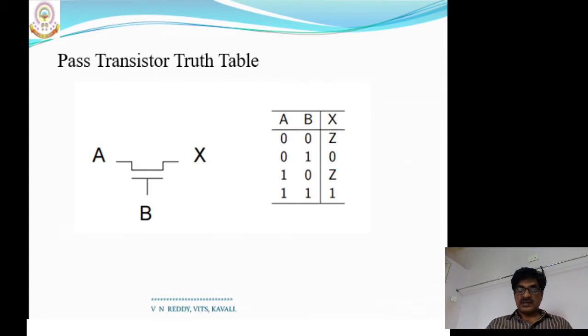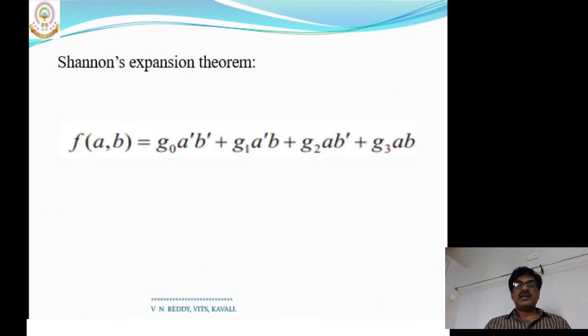Now see the realization of logic circuits using pass transistors. The realization follows Shannon's expansion theorem. Shannon's expansion theorem under two variable notation is like this. f of a comma b is the function of two variables a, b.